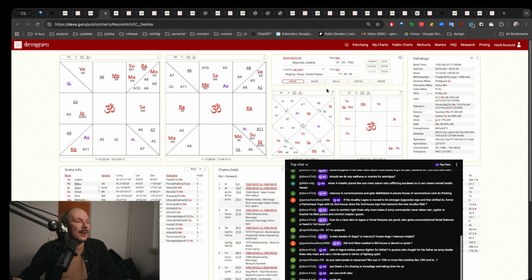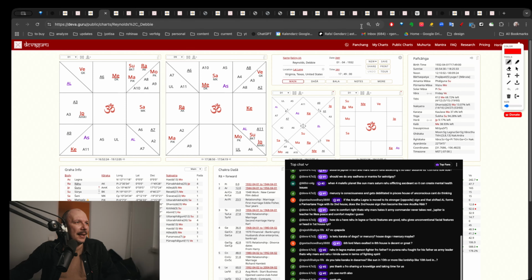But what I want to show you here, because there are some people who are saying that this is debt, no? But look at this chart, right? 10th Lord is in the 8th, right? 10th Lord is in the 8th. And even in the Dashamsa, let's see the Dashamsa.